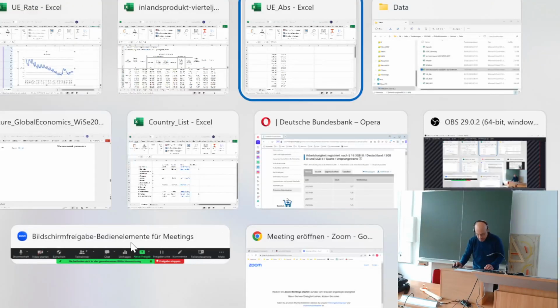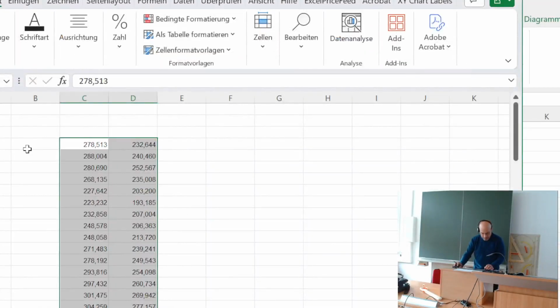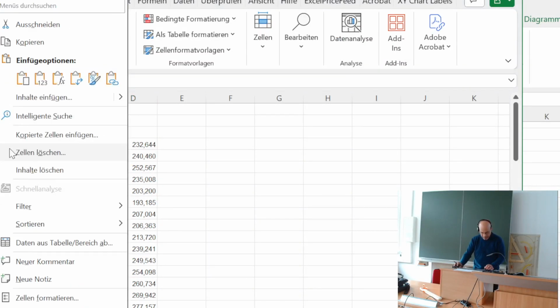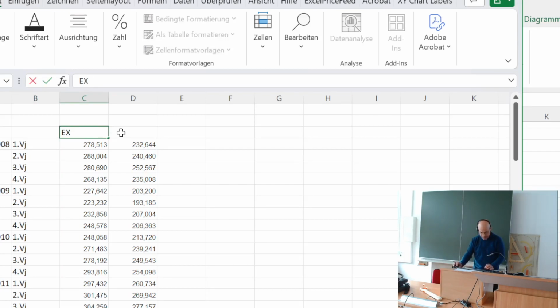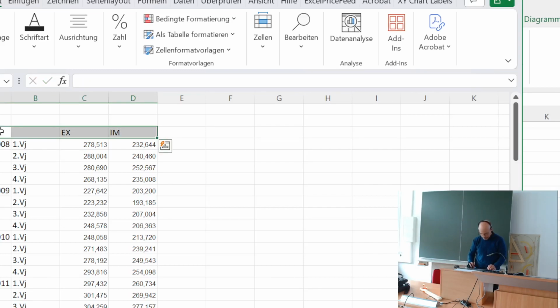Where it was there. Up. These are exports and imports. Let's also have a look at it.